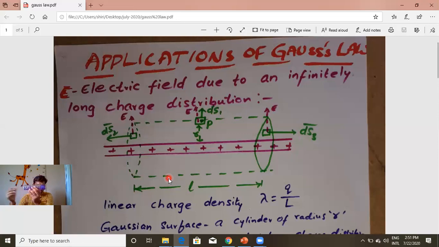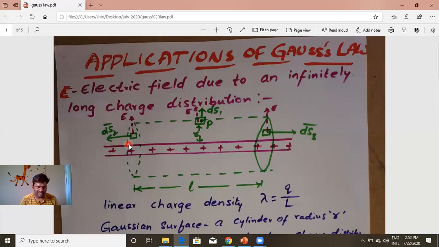That is why we are considering this cylinder. Try to understand, this is the closed surface, curvature, and this end is shown here, and this end is shown here.